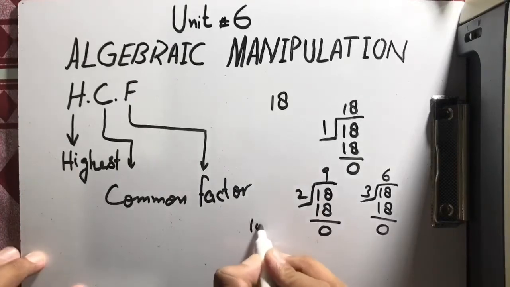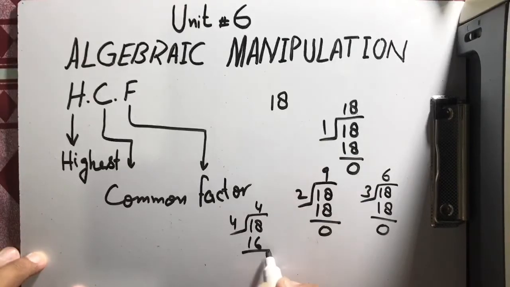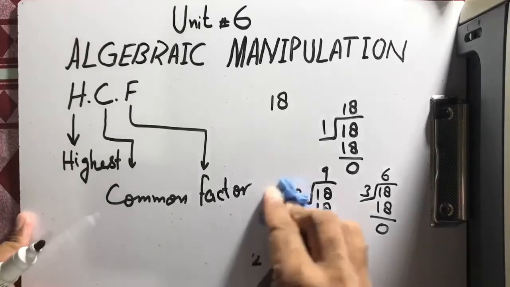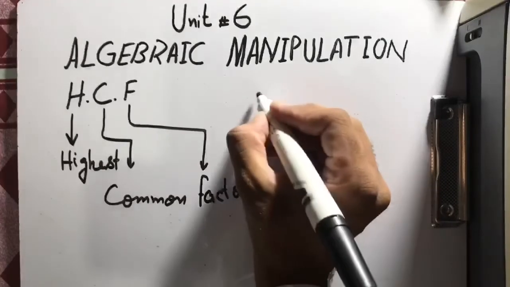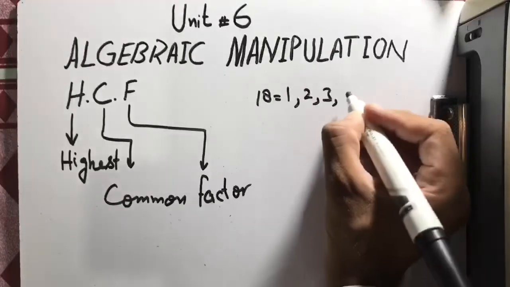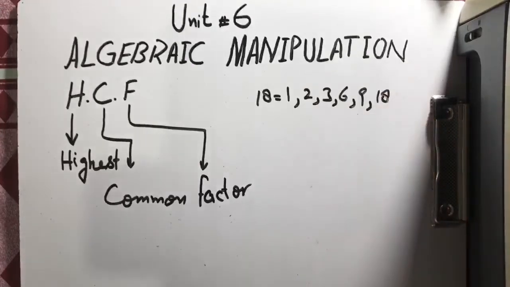Now 18 divided by 4, 4 fours are 16, we get remainder 2. It is not 0, so 18 is not completely divided by 4, so 4 is not a factor of 18. So now I write here the factors of 18, that are 1, 2, 3, 6, 9 and 18. These 6 numbers are factors of 18.